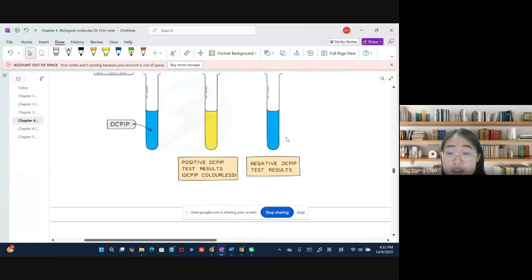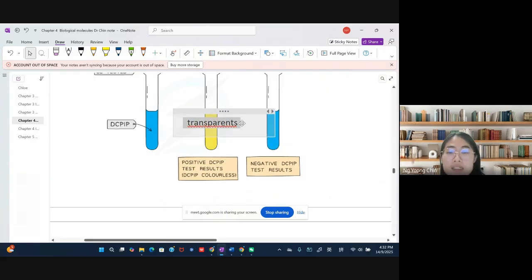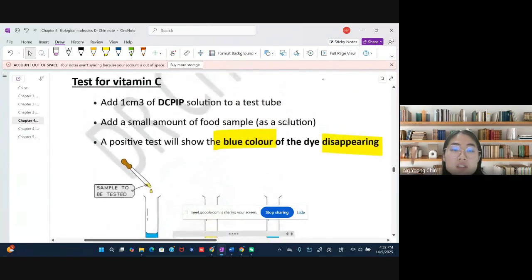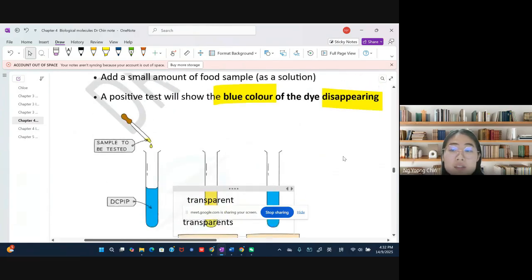So if there is vitamin C inside the food contents, the color changes from blue to colorless or transparent, just like plain water. If there is no vitamin C inside the food sample, it will just remain blue. There will be no change in color.